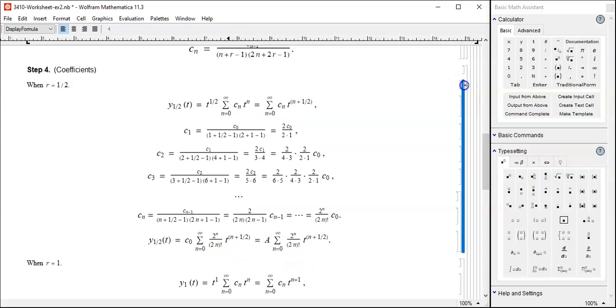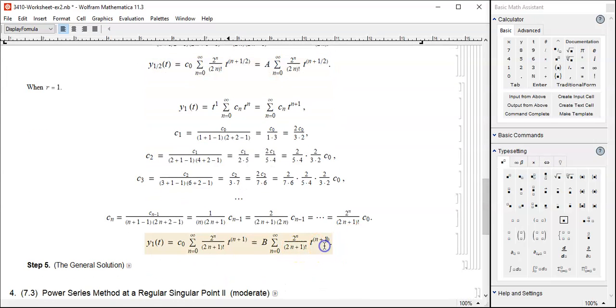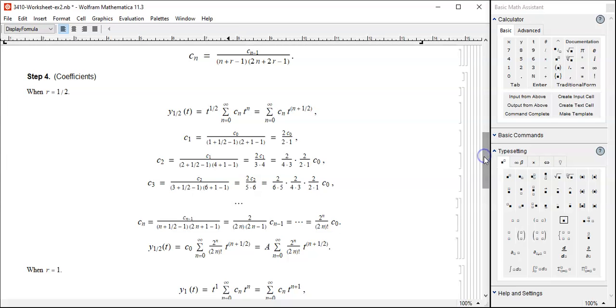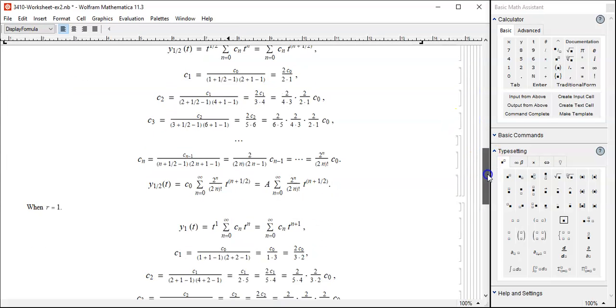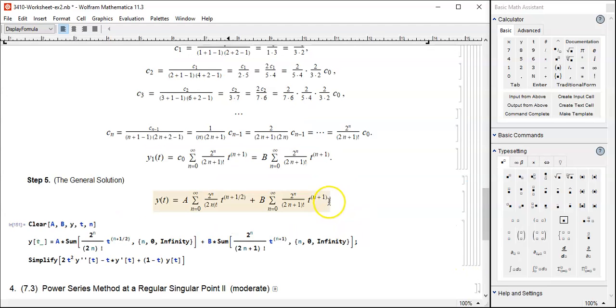And what did we have before? We had all the even factorials. This time we have all the odd factorials, and we can put those two together like this. A times the previous solution, B times the next solution.